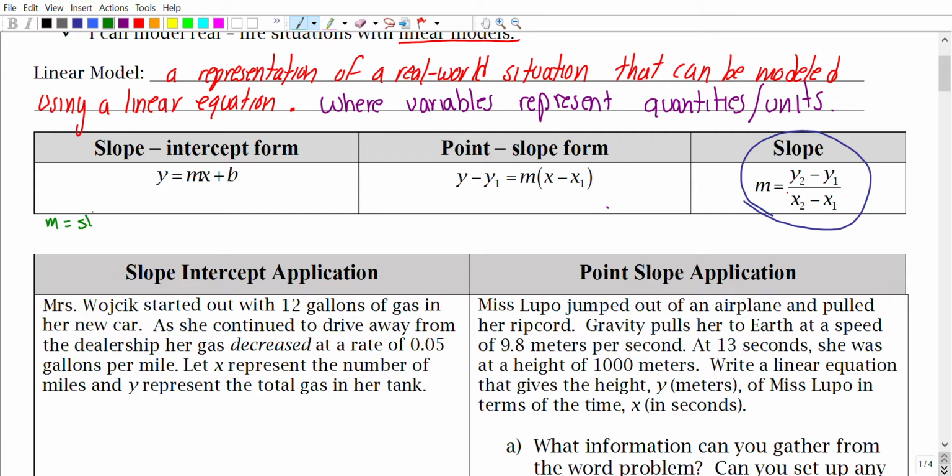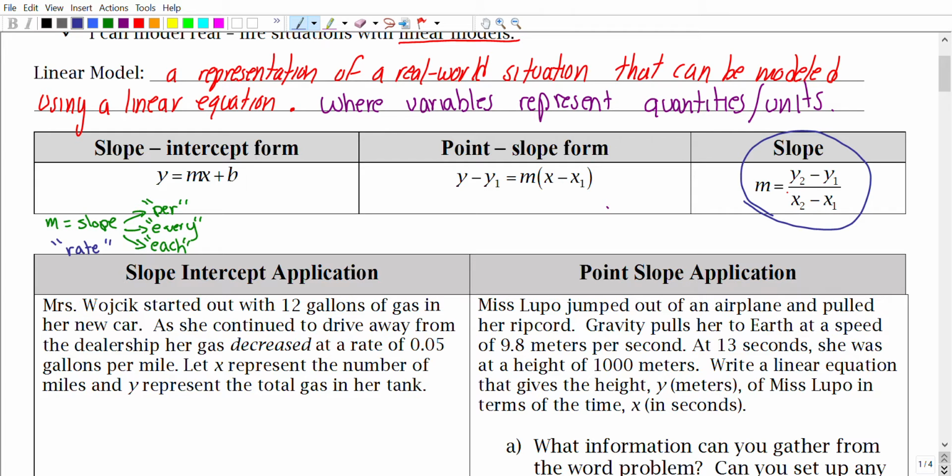M is our slope. In a real world problem, we will see some keywords such as per, every, or each. If you see any of these words, more than likely they are representing slope. Another word you might see for slope is rate, because if you remember, slope is a rate of change.